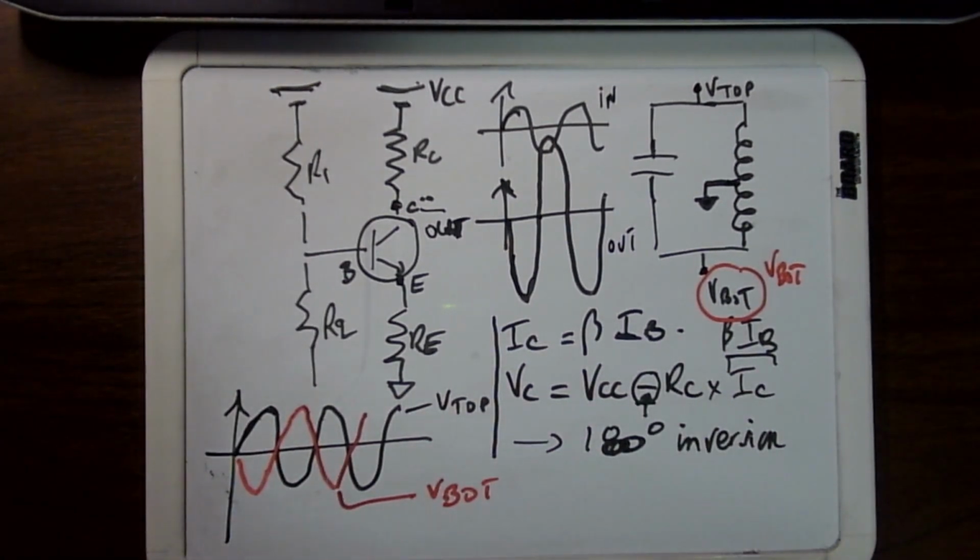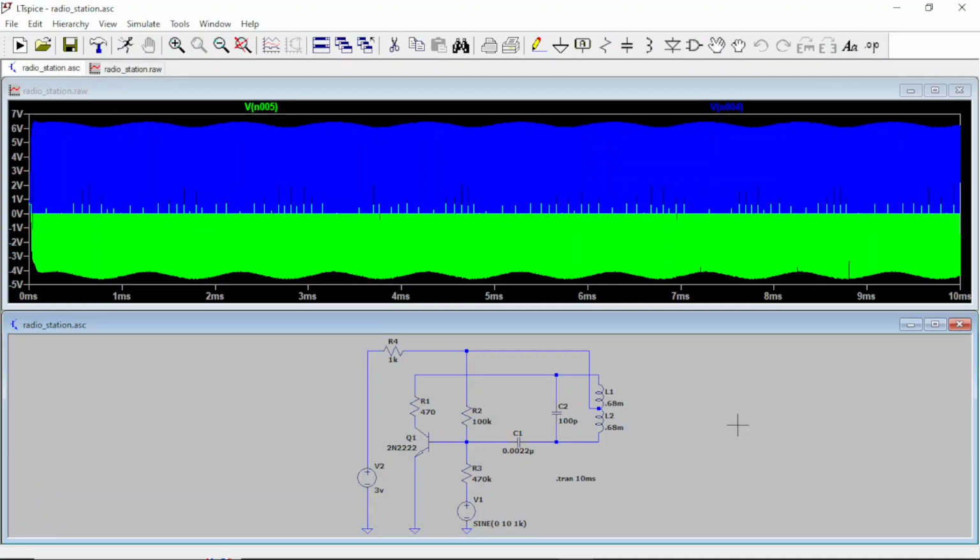And now I can go back. Okay, so back into LTspice. So we looked at VB, this VB in green, VC in blue, and of course your output, I mean you would put an antenna here, so you would have an R out here, which is the load basically.